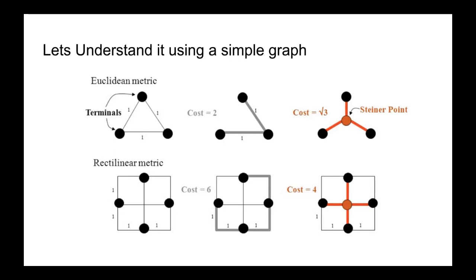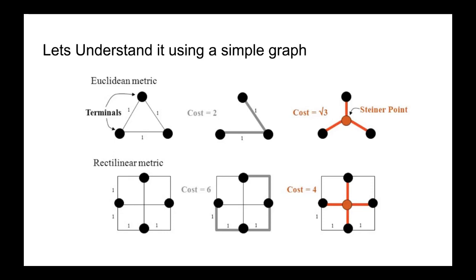be root 3. In the case of rectilinear metrics, let's say we have 4 points connected in a square. If you want to connect all these 4 points, and let's say the edge weight between two adjacent points is 2, then the minimum cost to connect will be basically 3 edges, each edge having weight 2, so it's going to be a total of 6.